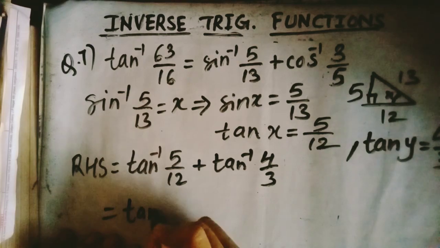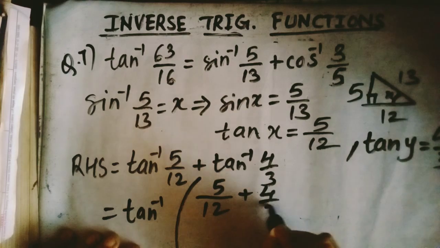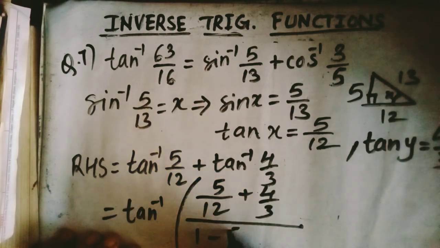Using the formula, 5 upon 12 plus 4 upon 3 upon 1 minus 5 upon 12 into 4 upon 3.